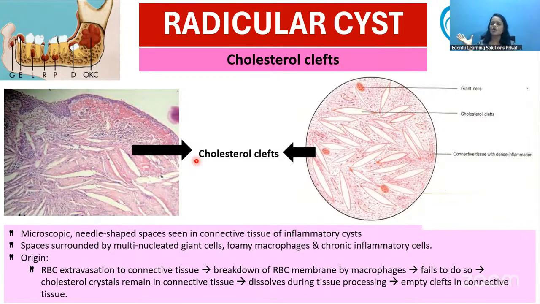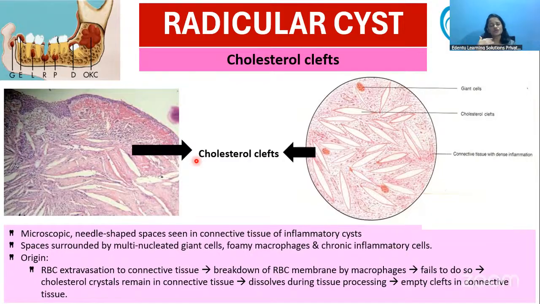The macrophages will try to clear off these RBCs, but the RBC membrane cannot be degraded properly, and lots of cholesterol crystals from the RBC membranes will remain in the connective tissue itself after the degradation.